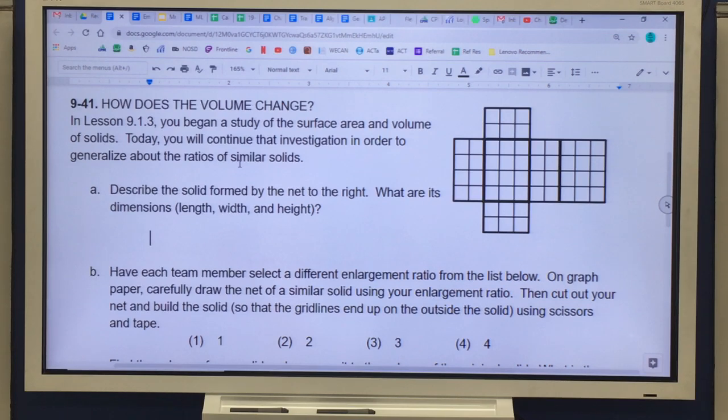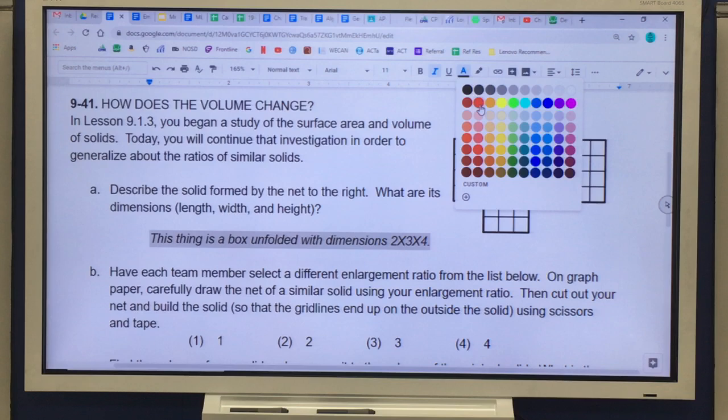I would say that this thing is a box unfolded with dimensions 2 by 3 by 4. It has a height of 2, a width of 3, and a length of 4. And that's about all I really need to say there.